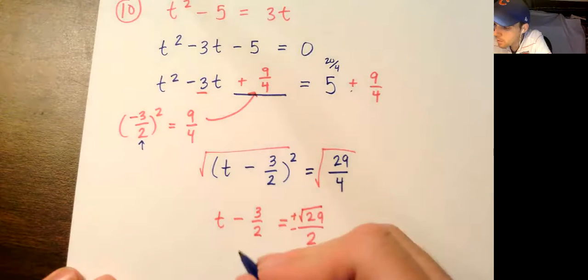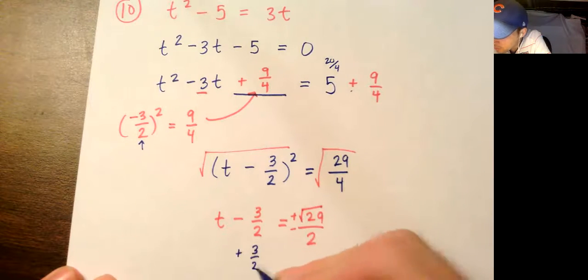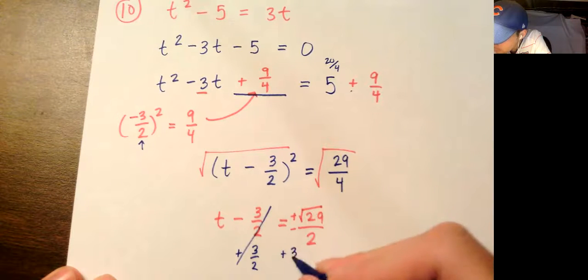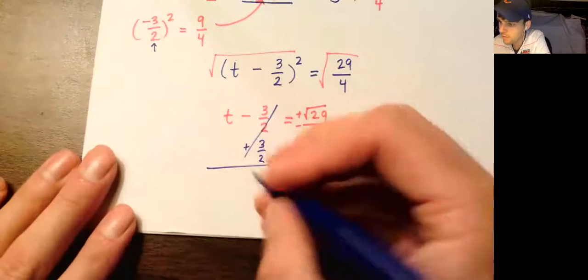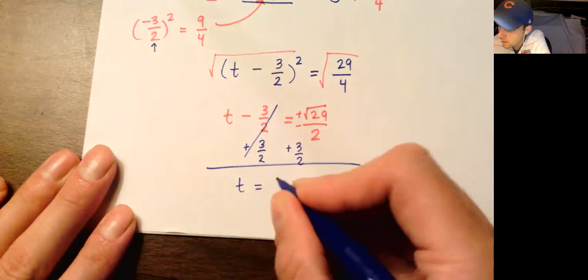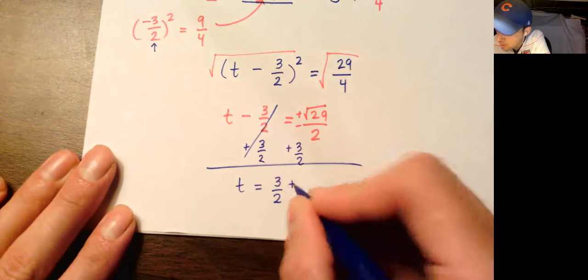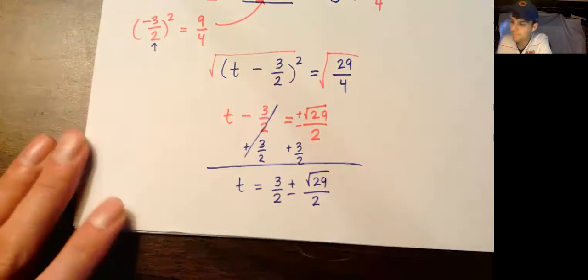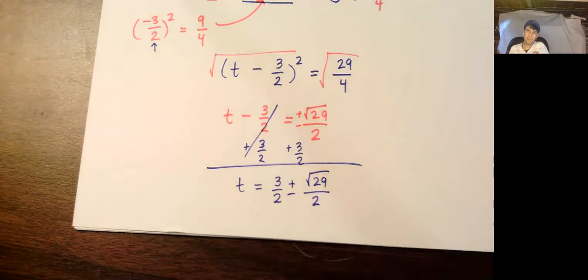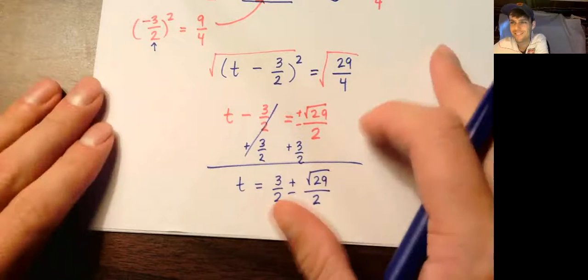And then I am going to add 3 over 2 to both sides, get rid of that, giving us a final answer of 3 over 2 plus or minus the square root of 29 over 2. Yay.